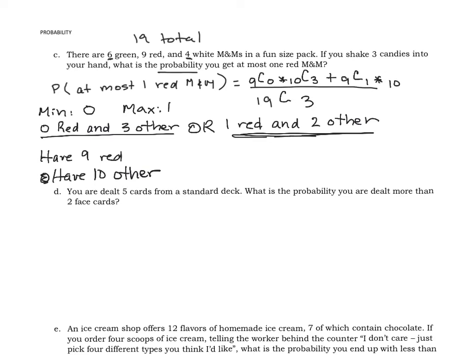We have 10 other M&Ms, we need 2. Okay, so multiplying that out, I'm going to put an arrow down here, I'm running out of space. I get 525 over 969, which would be fine on a test or on a worksheet, or that reduces to 175 over 323.